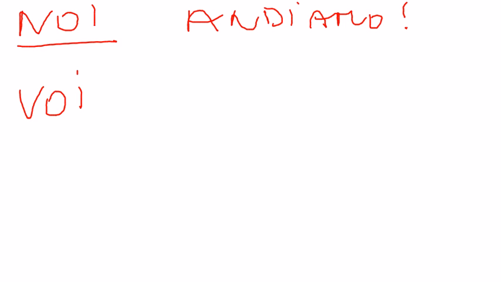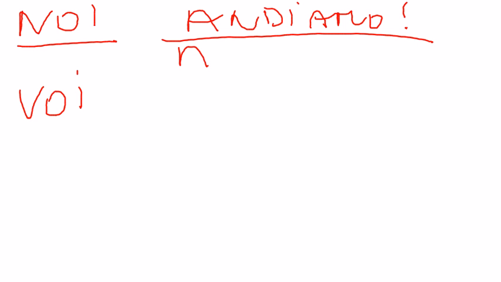I would just say, John, andiamo. Alright? It's not noi andiamo. If you say noi andiamo, you're saying we go. For you to say let's go, you just need to say andiamo. You might actually mention the people that are supposed to go. For example, you might say Marta, comma, andiamo. That means Marta, let's go.